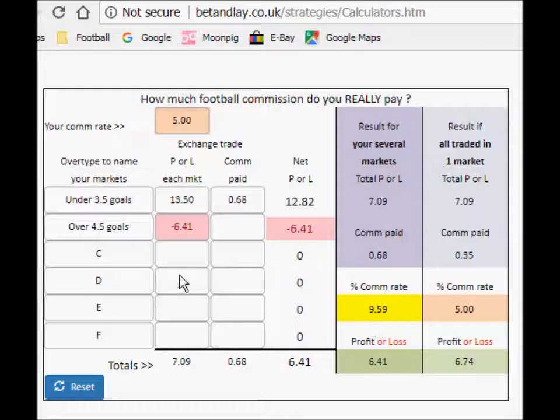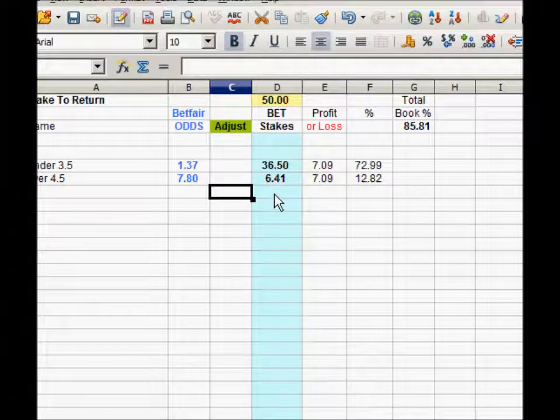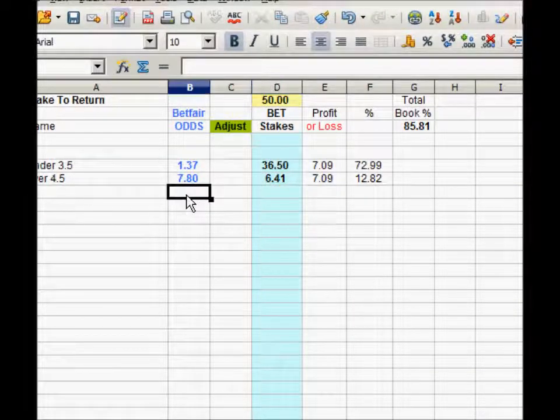Now let's look at what happens the other way around, because one of these was quite a strong odds on. So we'll do it the other way around now, as if the game ended with 4 or more goals. Sorry, over 4 goals. So if we multiply 6.41 by 6.8, that gives us 43.59, near enough, and we would have a losing bet then.